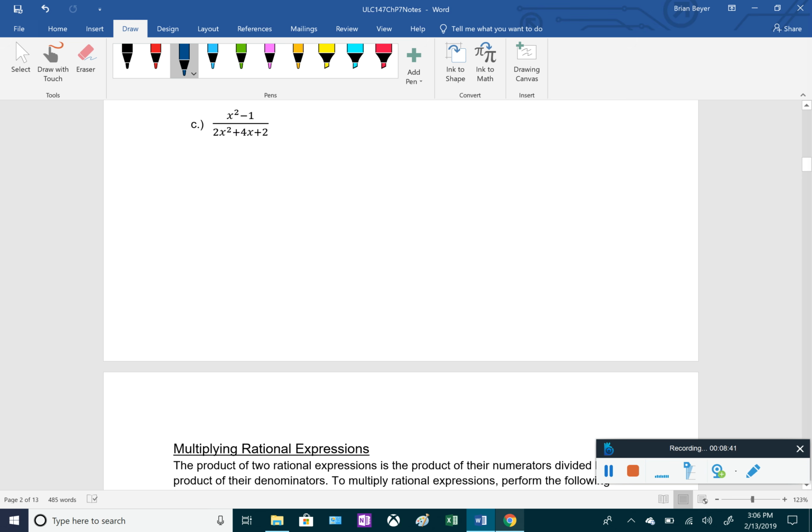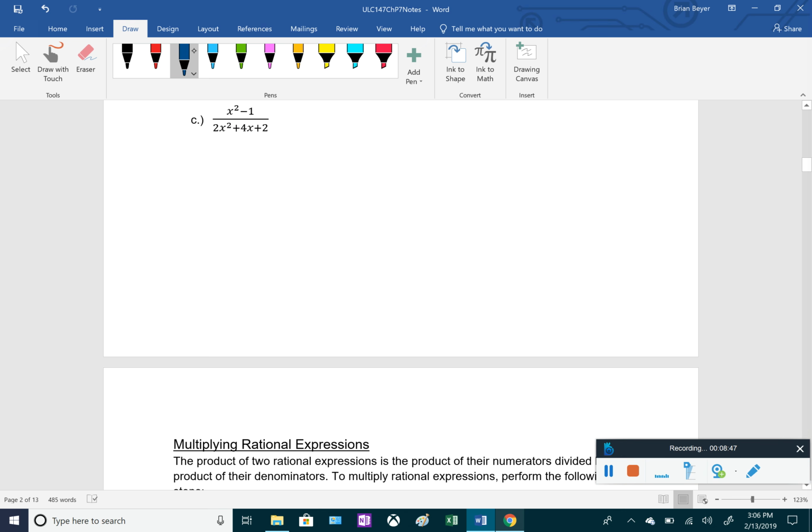Okay, last one before we get into the operations, we have x squared minus 1 over 2x squared plus 4x plus 2. So this numerator is a difference of squares. It factors to x plus 1 times x minus 1. In the denominator, we can factor out a GCF of 2 first. We'd be left with x squared plus 2x plus 1.